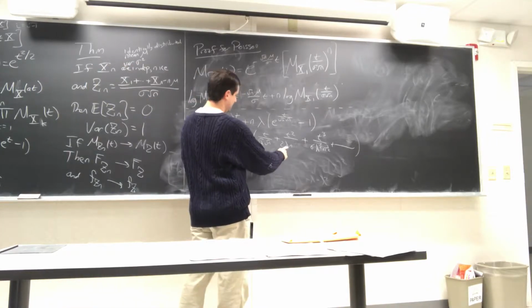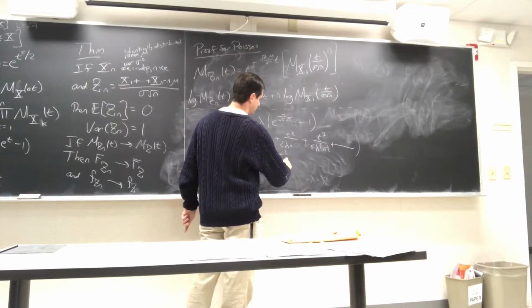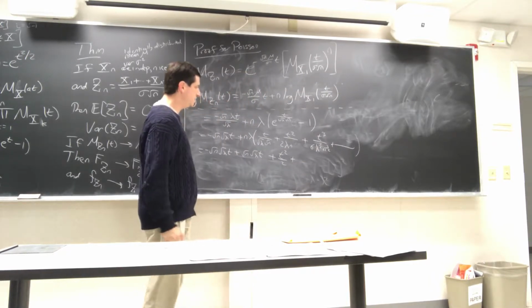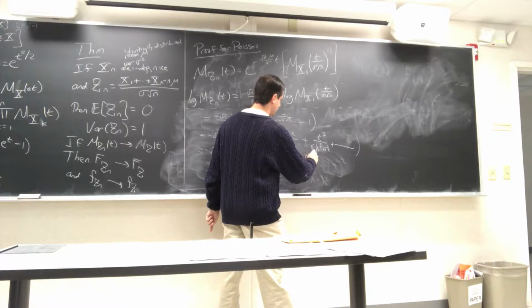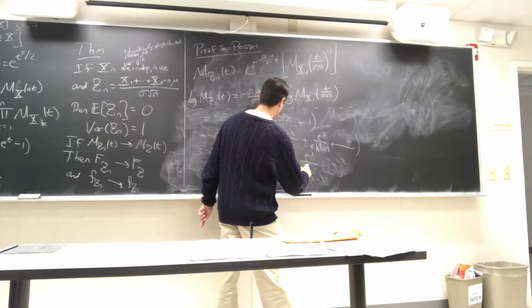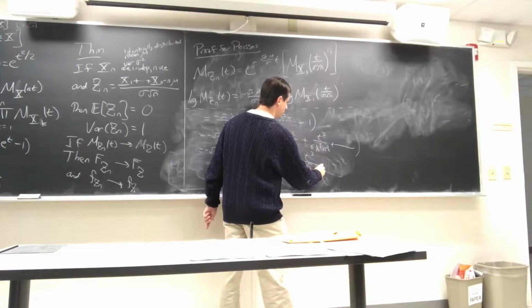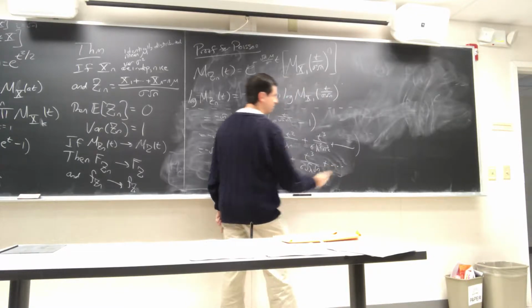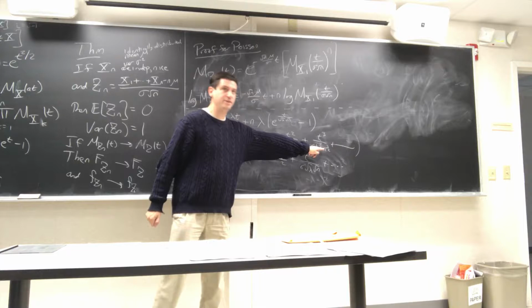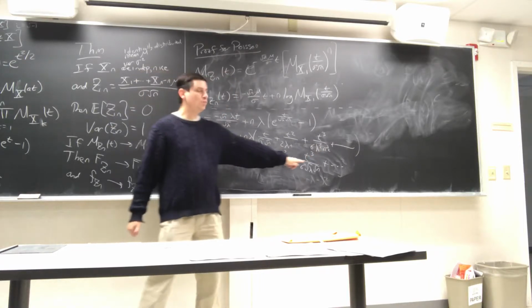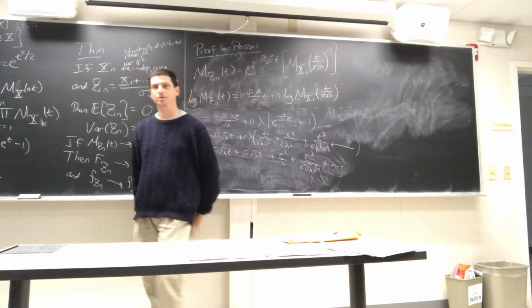The next term, the n cancels down here, the lambda cancels, we get a t squared over 2, and then the next piece is going to look like a t cubed over 6 square roots of lambda, and then it's going to be a square root of n down below. Because we have an n to the 3 halves, we multiply by an n, we're still left with a square root of n down below.